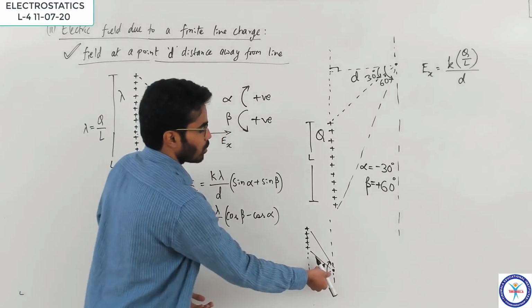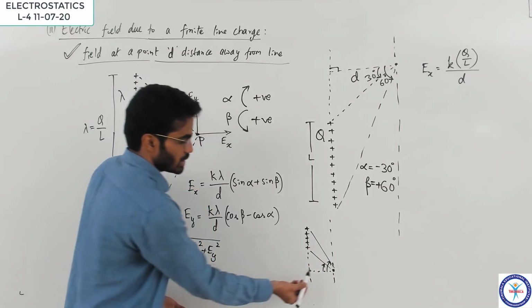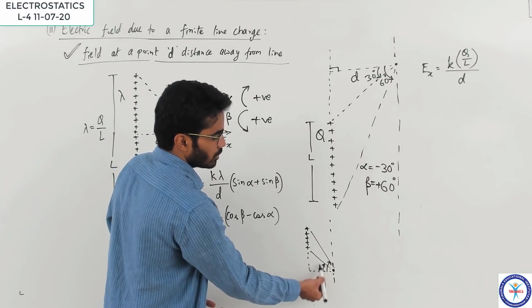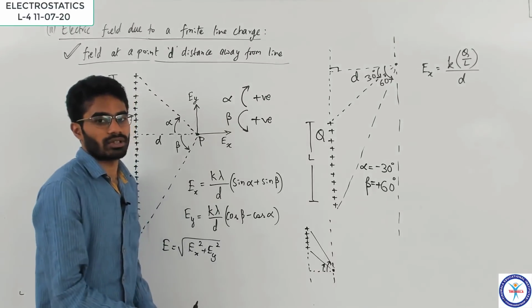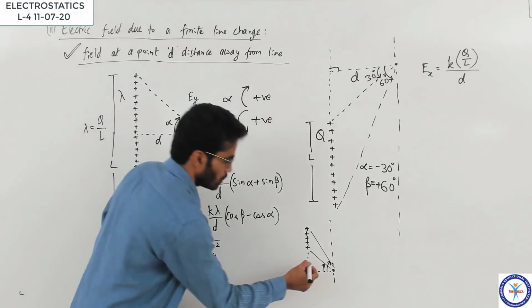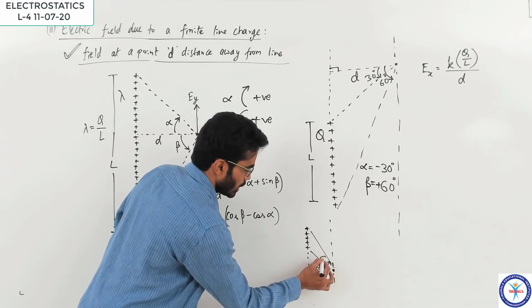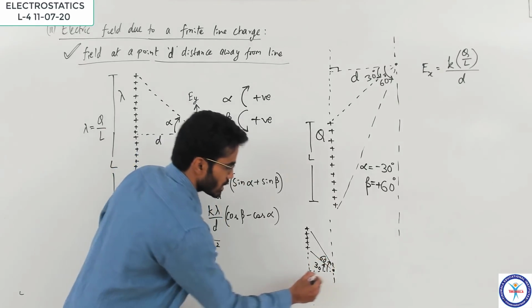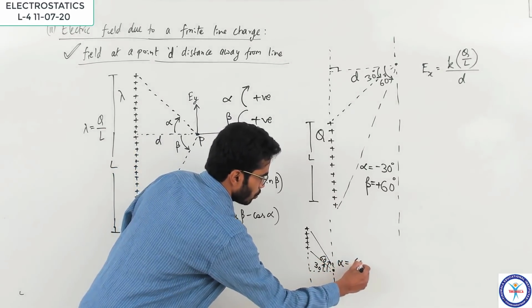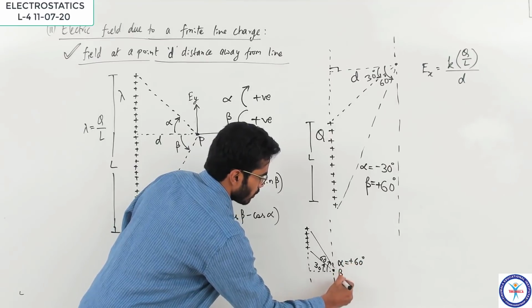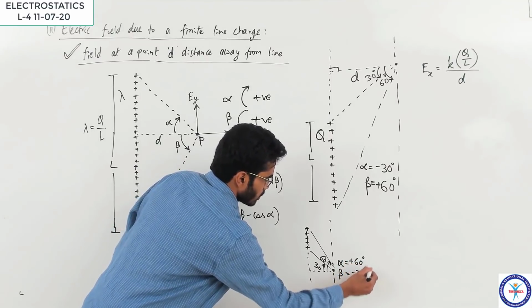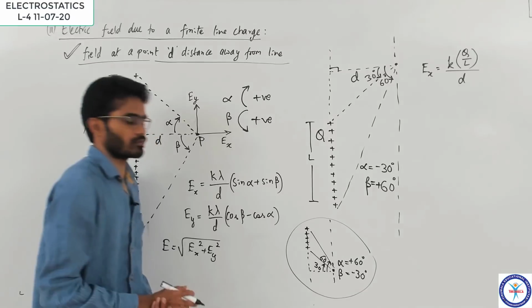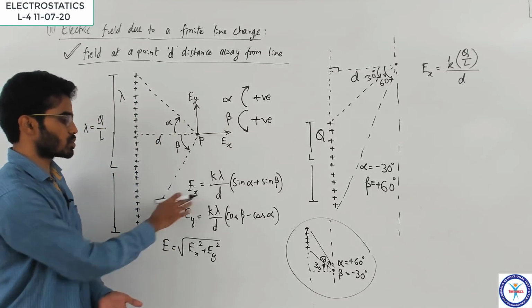If it is measured clockwise, we take it as negative. So in this case, whatever is the angle here for beta, we take the negative value of it. For example, if this is 30 degrees and this is 60 degrees, alpha will be plus 60, beta will be minus 30. Understand this. This is the convention we have used to derive this formula.